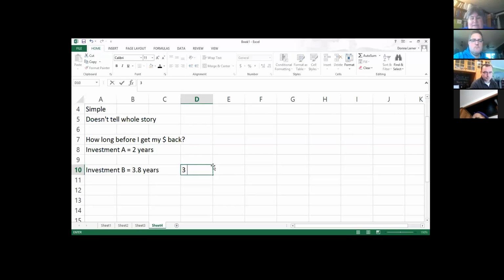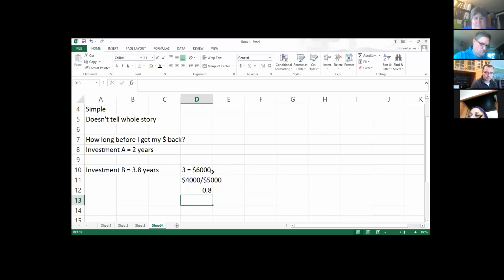So 3 years gives me $6,000. In the next year, I need $4,000 of the $5,000 that I'm going to get that year. So I do the division, and that gives me 0.8 of that year. So I need the first 3 years plus 0.8 of the last year.